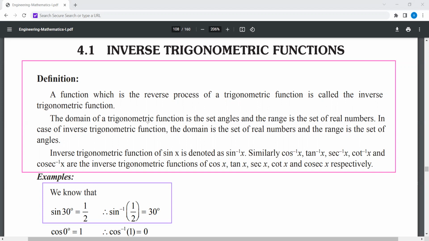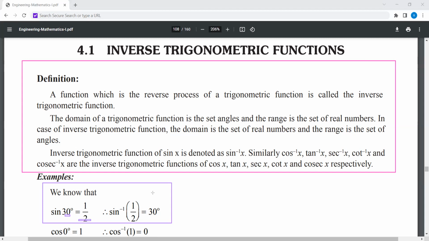The domain of a trigonometric function is the set of angles, and the range is the set of real numbers. For example, the angle 30 degrees is the domain, and 1 by 2 is the range.